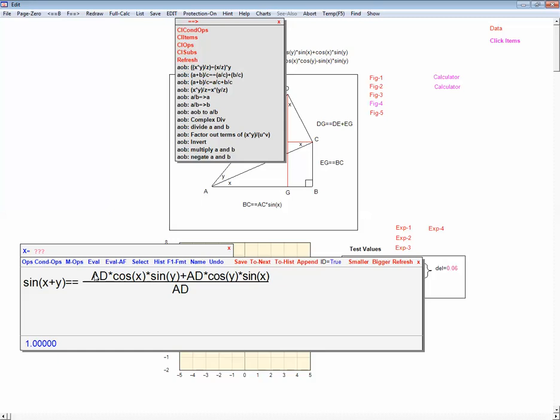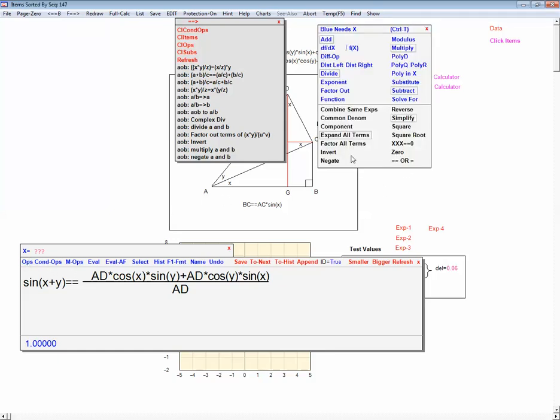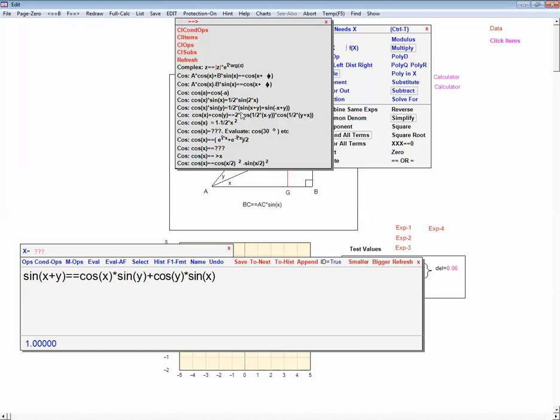But now watch what happens when I factor out that AD. So that's one of our ops. Let's factor all terms. Now we have an AD in the numerator and an AD in the denominator. They're going to cancel one another out. So I can just simplify my fraction.